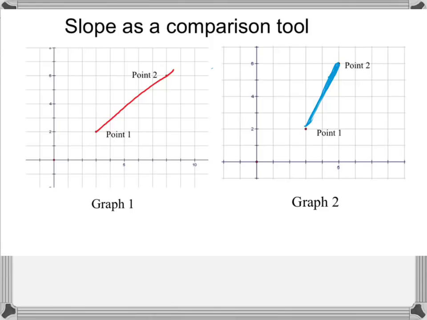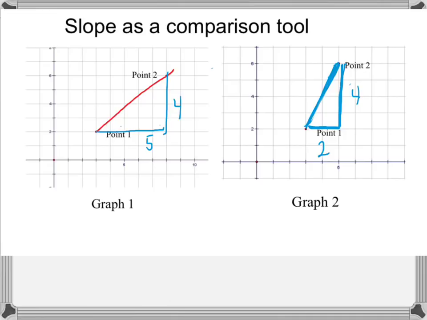So if we try to understand what slope might be, if I talk about how steep a line is, what I might want to do is think about how far it's gone across horizontally versus how far it's gone up vertically. So in graph 2, it's gone 2 units horizontally, where it's gone 1, 2, 3, 4 units vertically. And in graph 1, it's gone 5 units horizontally and 4 units vertically.